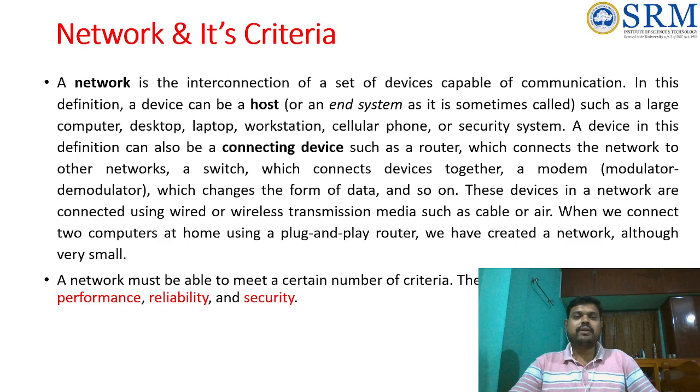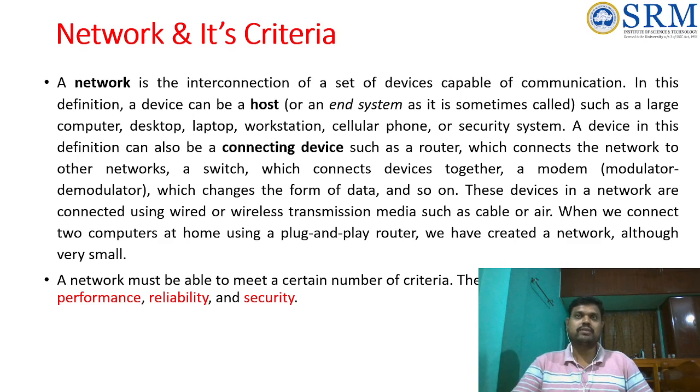Now, network criteria. For any type of network, we have certain characteristics or criteria to assess the performance, reliability, or security of such networks. So a network has to meet a certain number of criteria. The most important of these criteria are performance, reliability, and security.